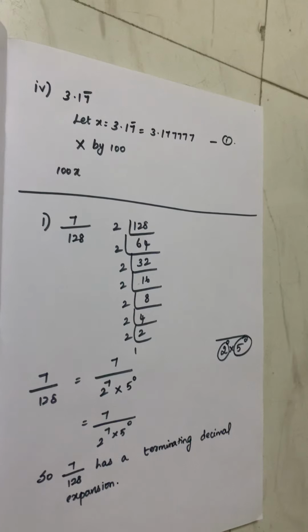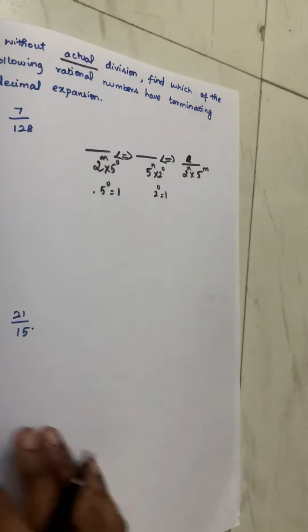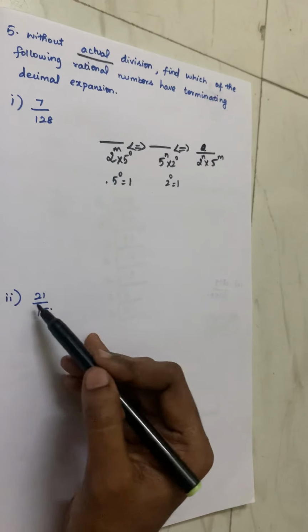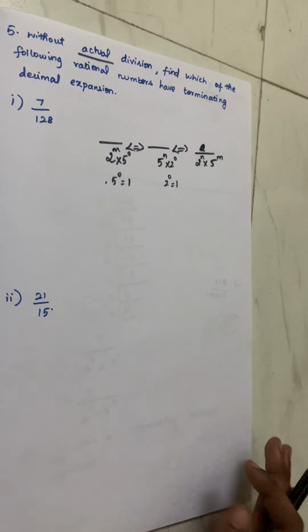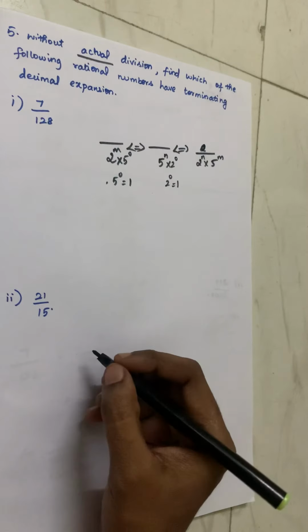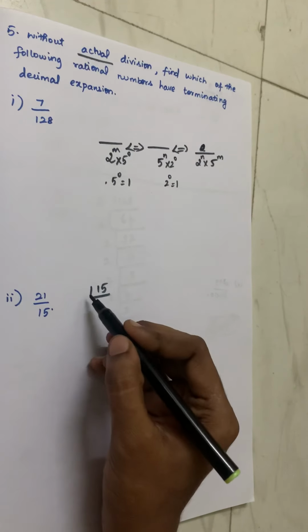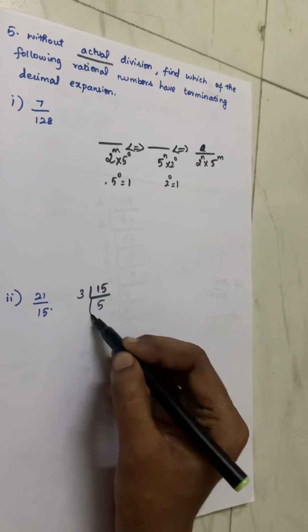Okay, next we move on to the second sum. You need not change the numerator. Leave the numerator as it is. We are going to change only the denominator. Here 15 means 3 times 5.